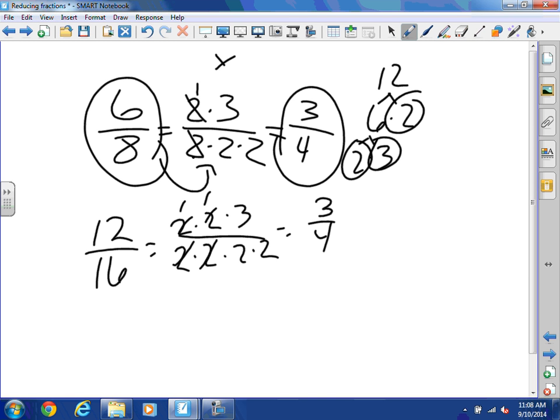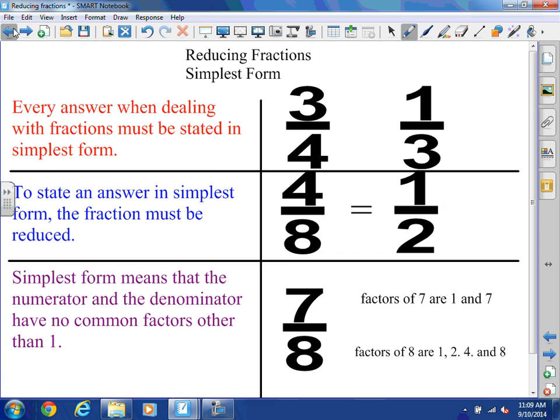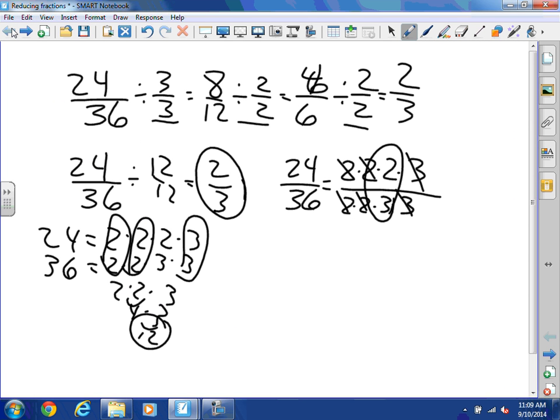Again, I can go back to what I originally showed you, right? I could show you that originally I could use division until I can divide no more. I could use the GCF, or I could use prime factorization.